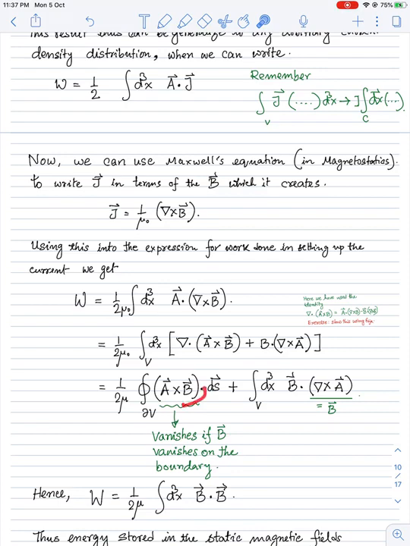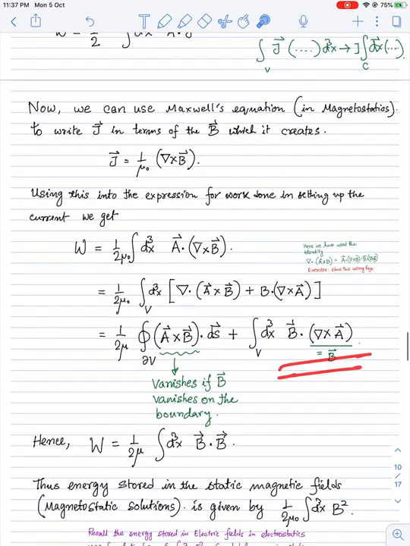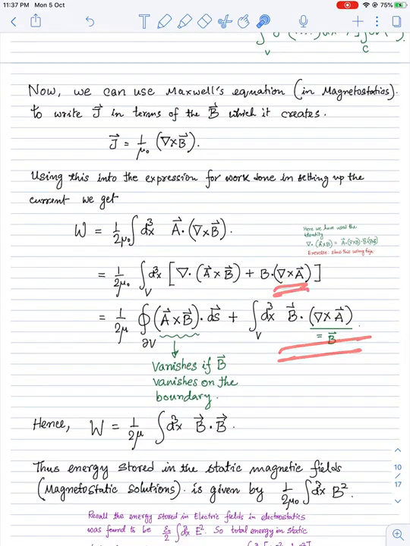That is a natural boundary condition, because nothing goes over to infinity if you have localized current densities. So this term vanishes on the boundary, and you don't need to worry about it.